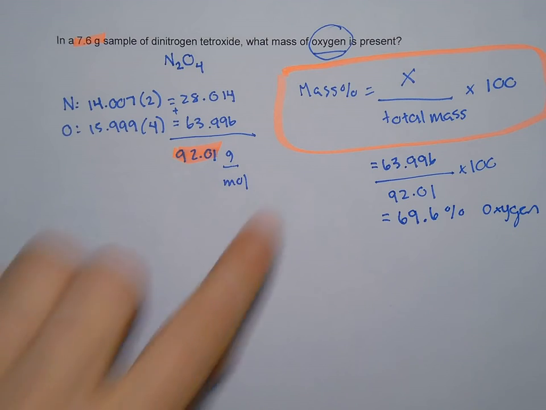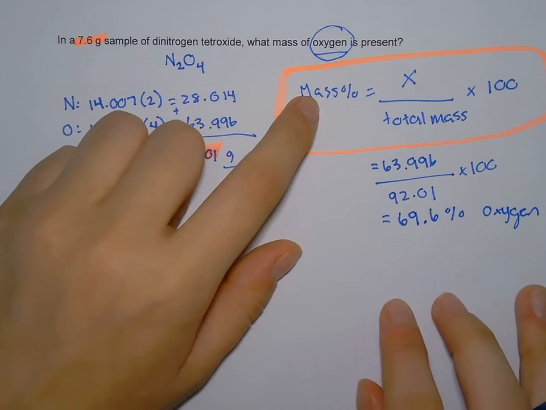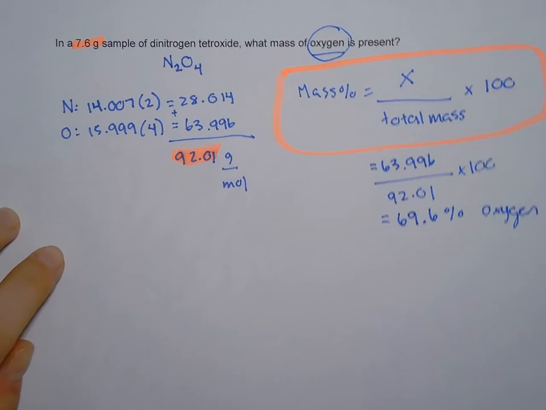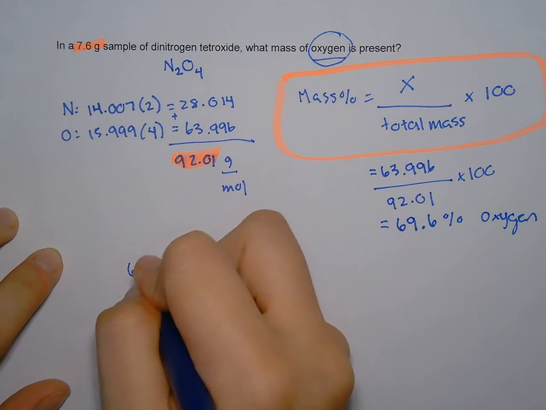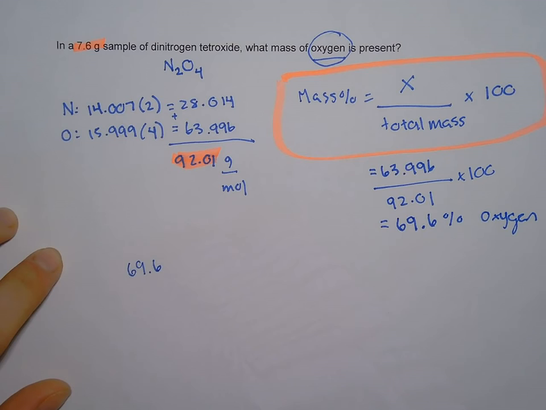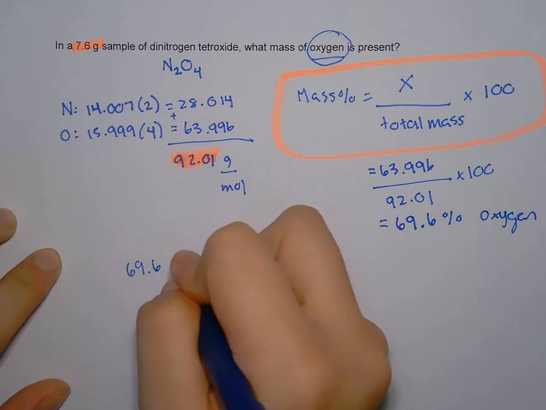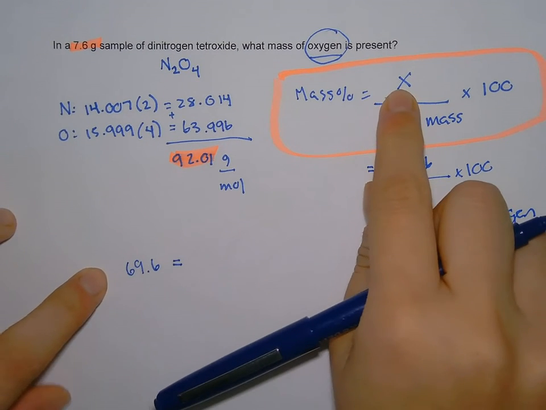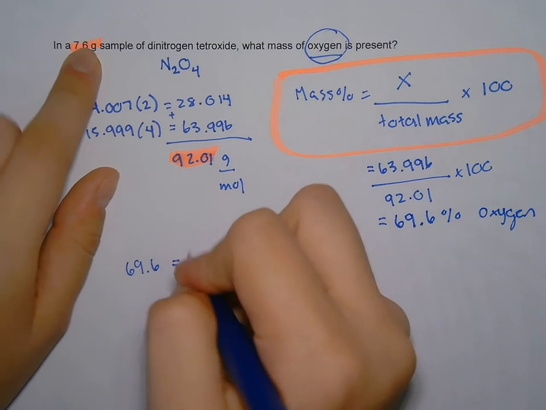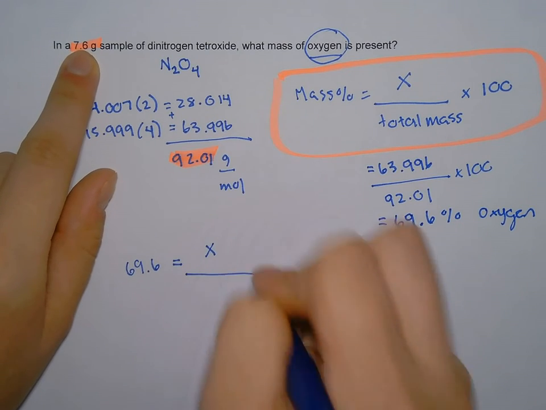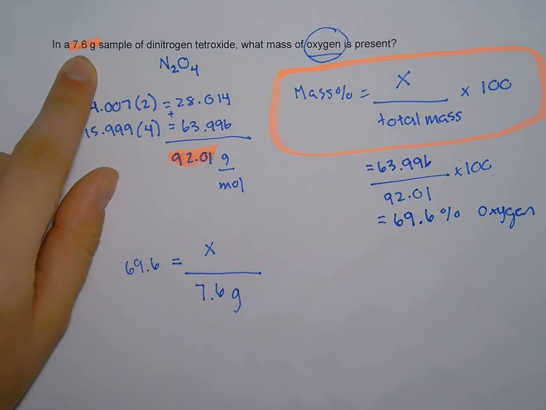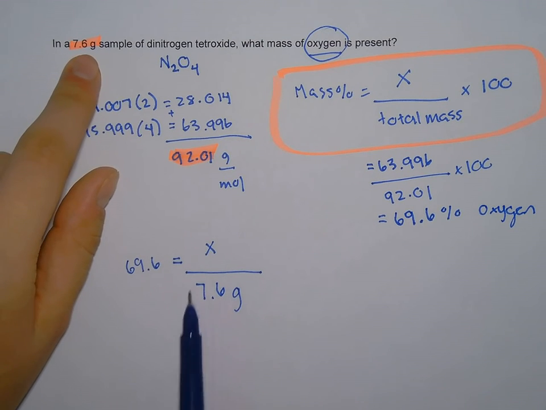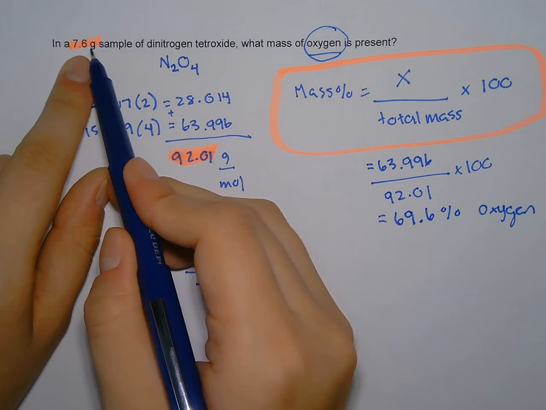So if my mass percent of oxygen is 69.6, it is equal to the mass of oxygen that I'm trying to find in this sample over the total mass of the whole thing, which is my sample.